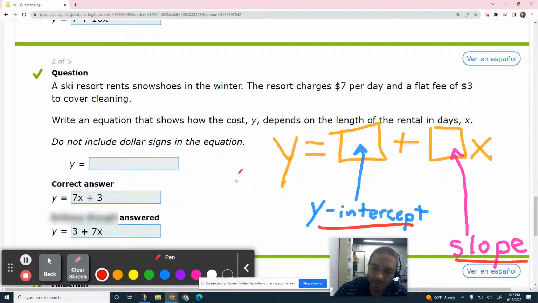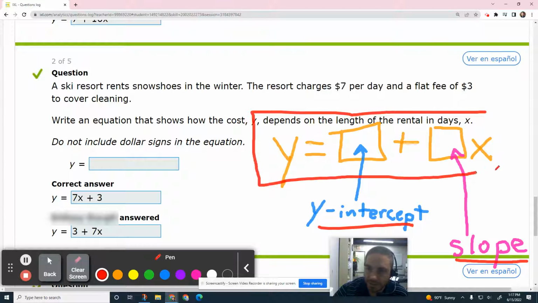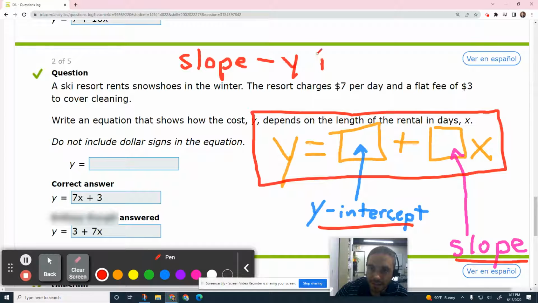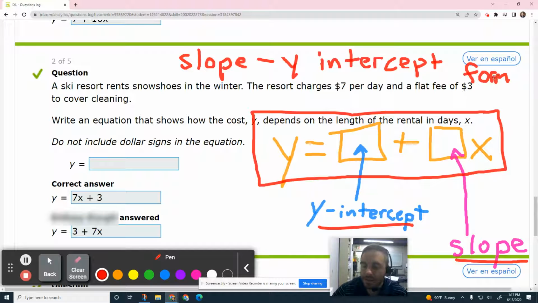We may have talked about that before, but sometimes this structure of translation is referred to as the slope-intercept form of a linear equation.